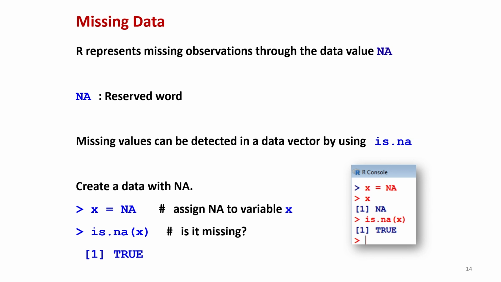Suppose when I reach house number 3, the door is locked and there is nobody who can give us the information. So in that case, we have two options. If we don't report that there is nobody in house number 3, then when I collect the data, I will get the data on house number 1, house number 2, house number 3, there is nobody, and then people are there in house number 4 and 5.